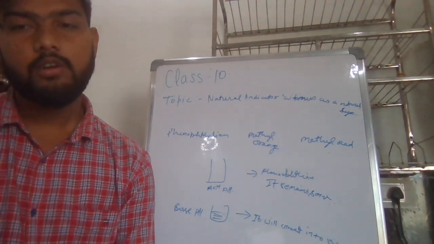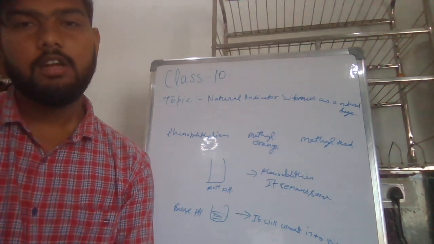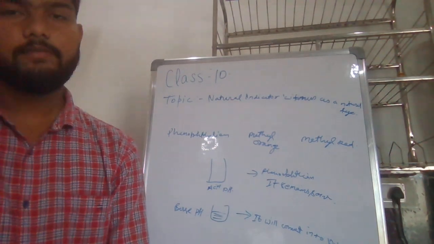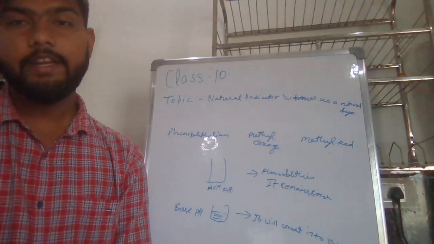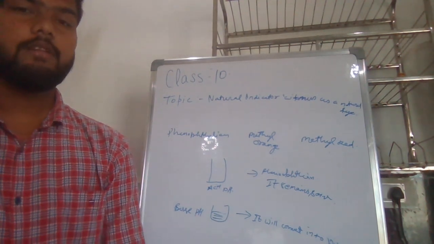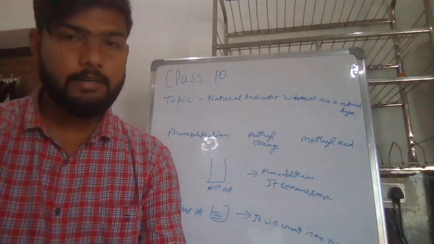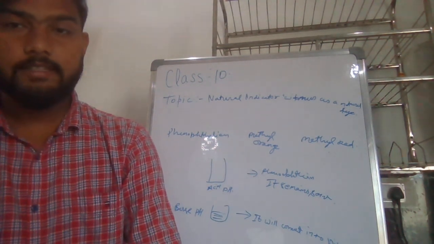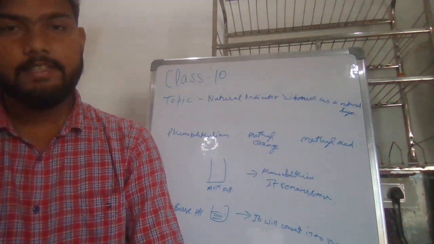Let's recall today's class. In today's class we have learned about types of indicators. Now let's summarize. First, we discussed litmus, the most commonly used natural indicator, which is extracted from lichens.